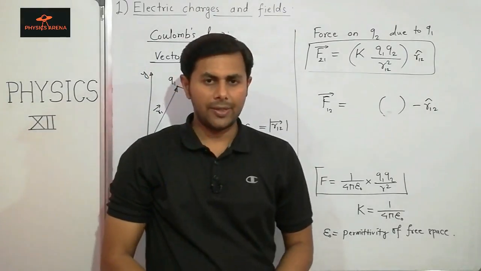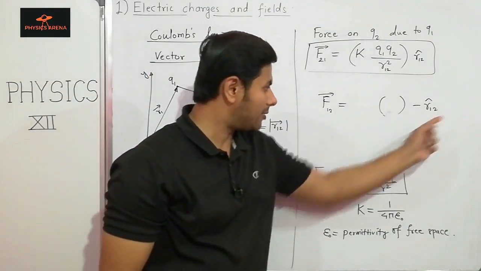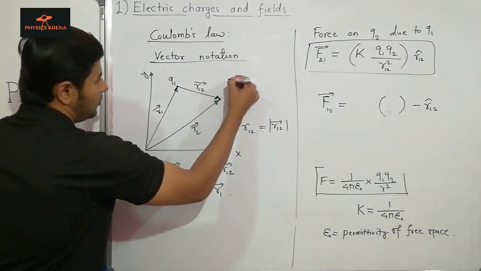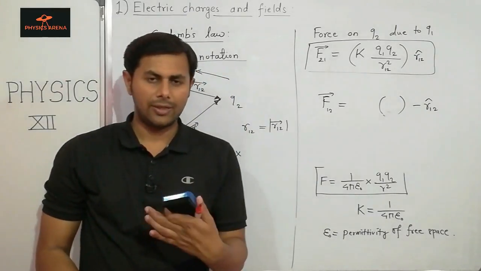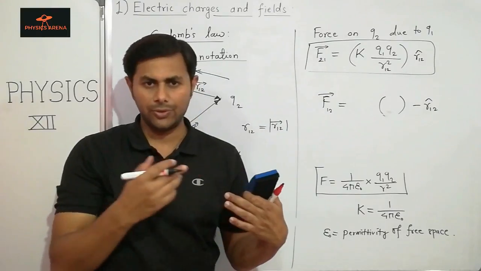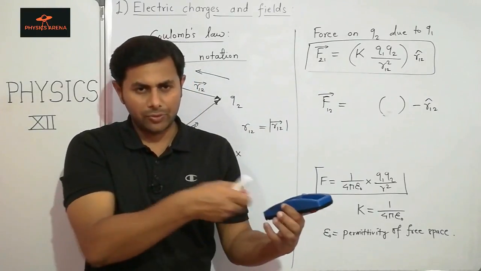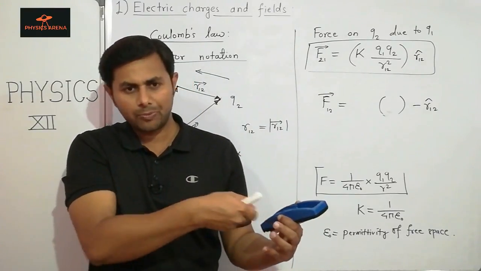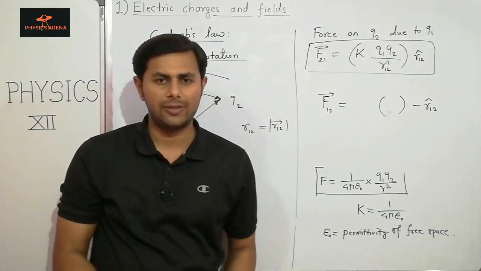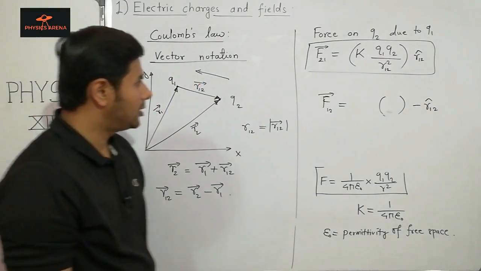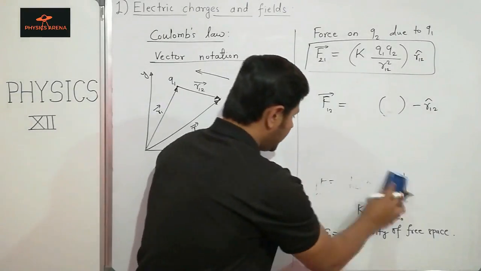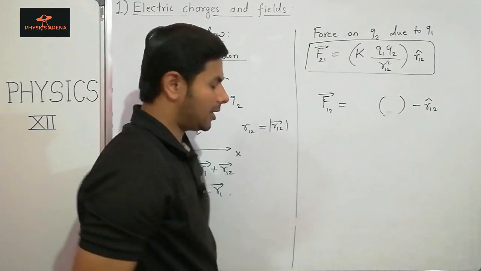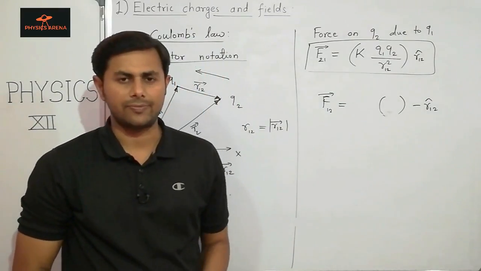So it will be in the opposite direction of r12. The force will be in this direction towards Q1, and it is the force on Q2 due to Q1. The force is towards Q1, so Q1 is pulling Q2 towards it. So this is how we find the direction, or whether the force is attractive or repulsive.